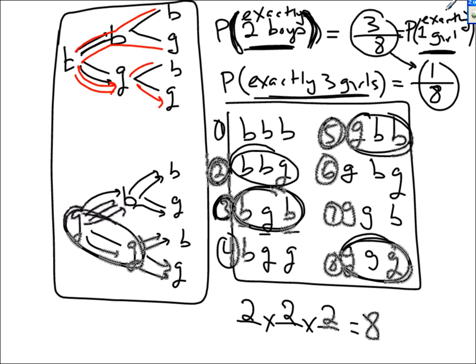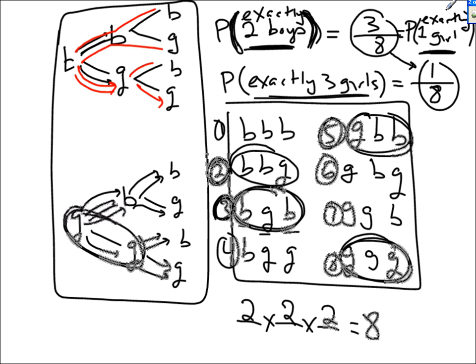You either put a boy in the first position and girls elsewhere, or you put the boy in the second position and girls elsewhere, or you put the boy in the third position and girls elsewhere. You should be able to think about that in your head without even writing it down.